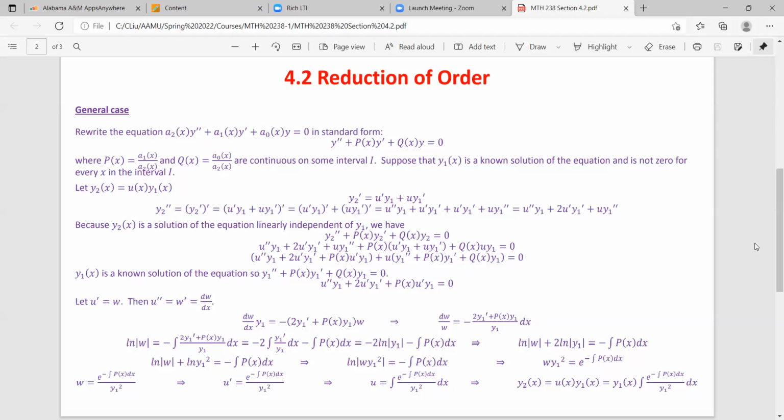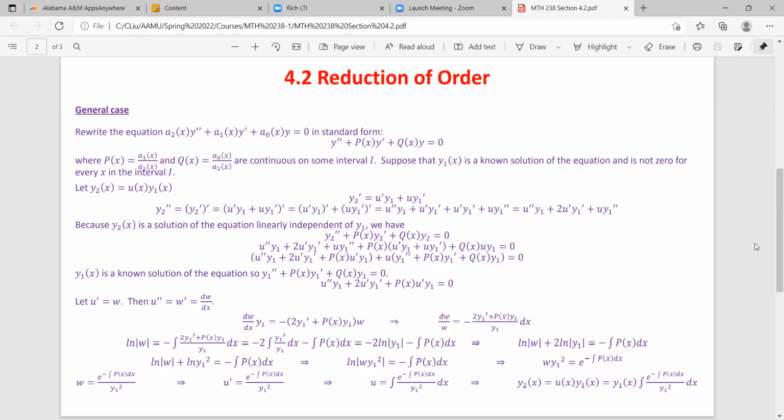Then we do the same procedure again as in the example. We find the first and second derivatives of y2, convert the equation into one in u, and then solve for u and obtain y2.